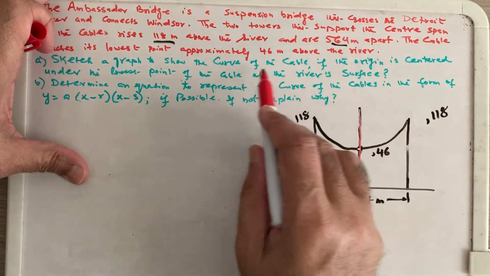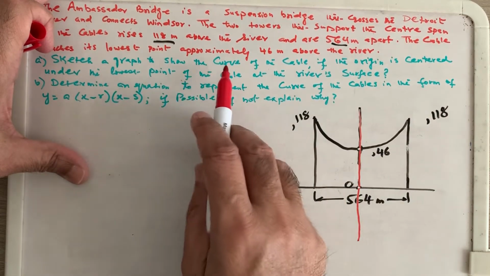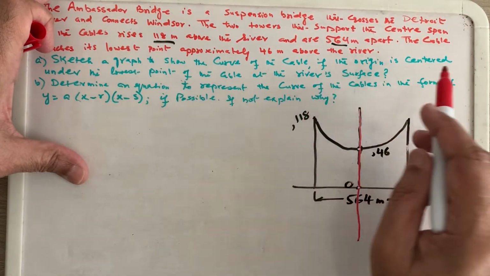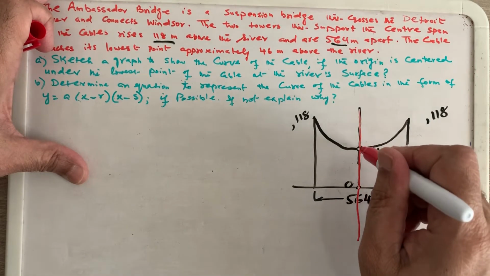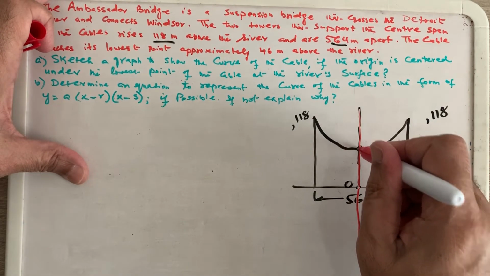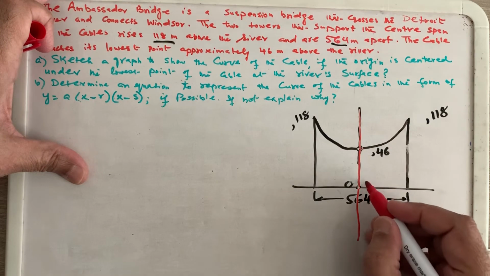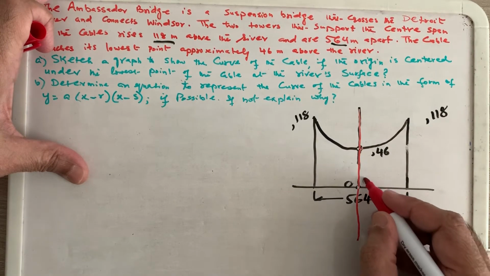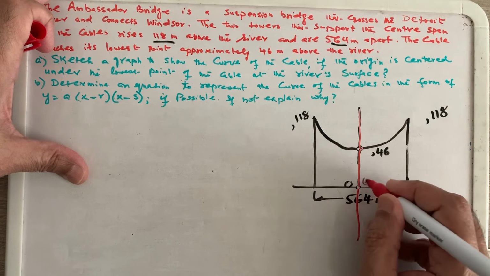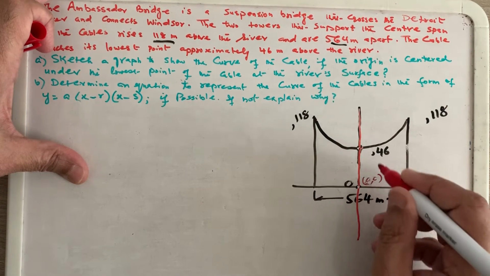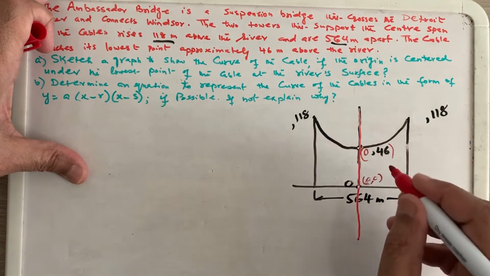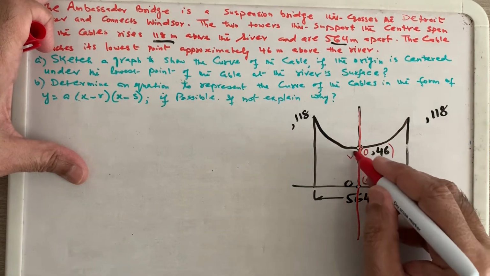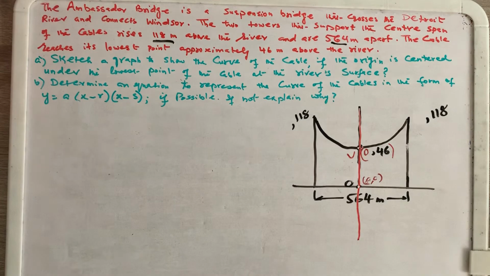This is the lowest point and the origin is here. So the origin is 0, 0. What is the x coordinate of this point? It is 0. So this coordinate is 0 and 46. This is my vertex. As you read the question, you got the solution to it actually.